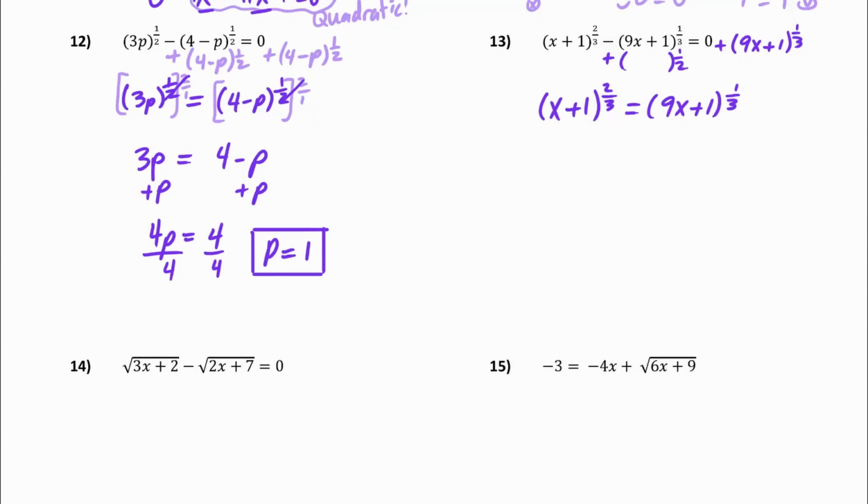Probably should be leaving some more space because this step of raising it to the reciprocal, I'm kind of squeezing numbers in next to the equal sign. It can get a little messy. So now I'm going to go ahead and raise this to the same reciprocal. You cannot choose just 3 over 2 on the left and 3 over 1 on the right.